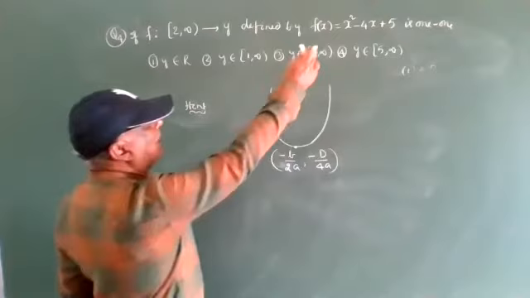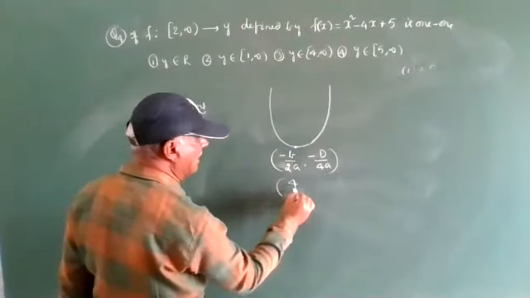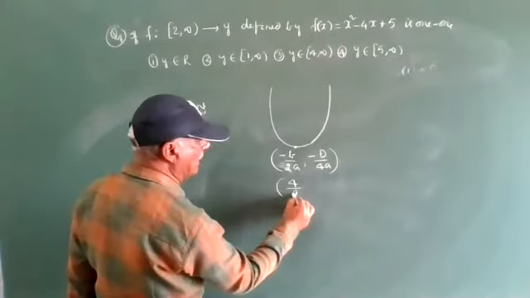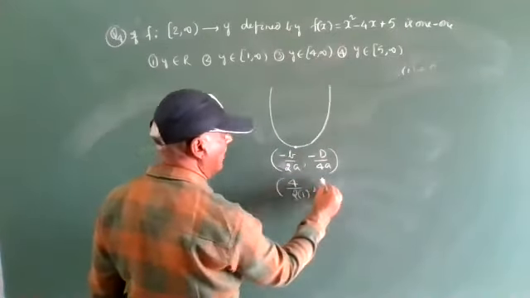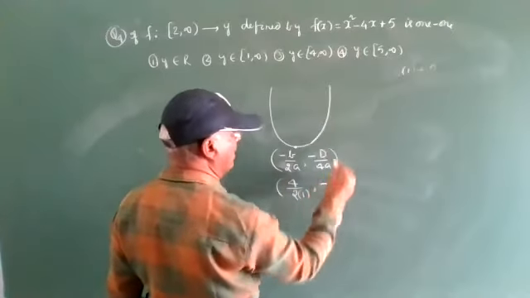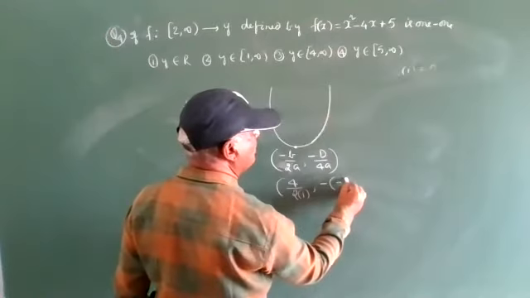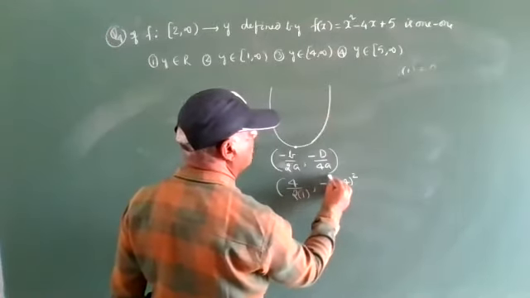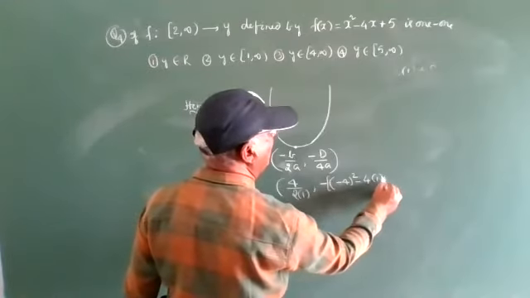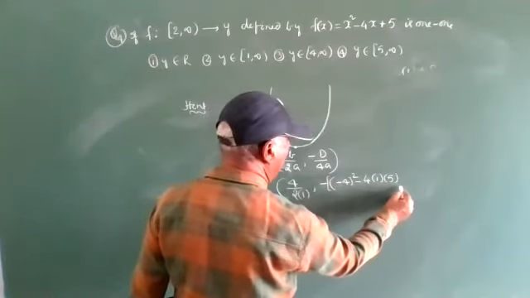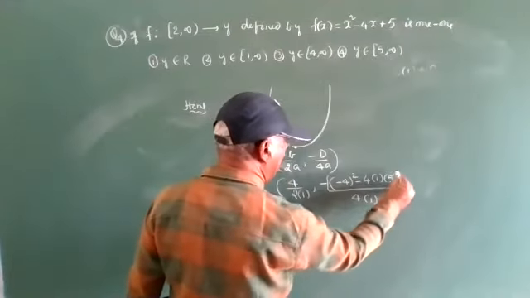So the b value is minus 4, and minus b is plus 4 by 2a. The a value is the x square coefficient, which is 1. Minus d means b square minus 4ac, where a is 1 and c is 5, divided by 4a, which is 4.